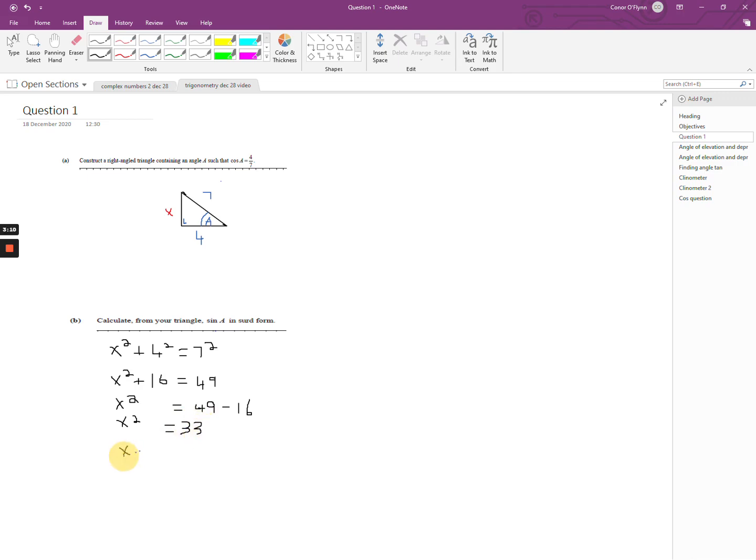So x equals the square root of 33. Okay, so we know that this side is the square root of 33.